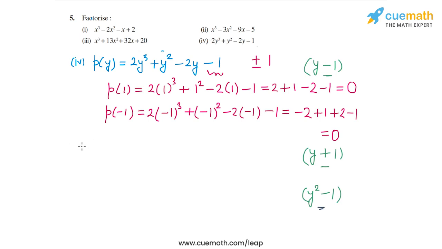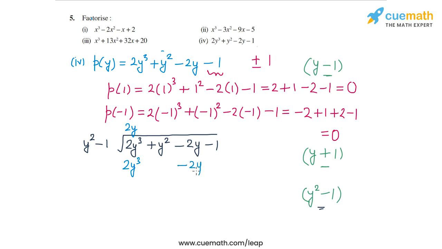So let's divide p of y by y square minus 1. So my divisor is y square minus 1 and my dividend is 2y cube plus y square minus 2y minus 1. So let's do the long division process for this pair. So the first multiplier will be 2y, so that generates the term 2y cube minus 2y.